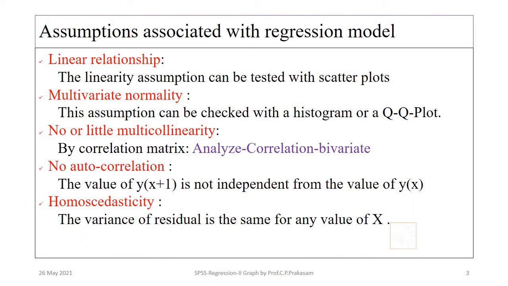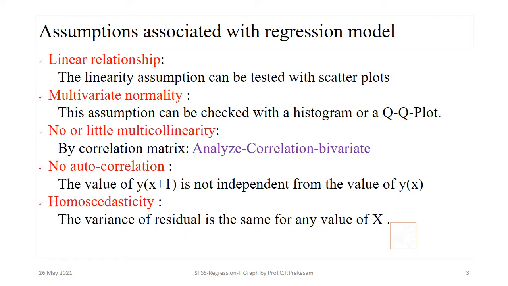Following are the assumptions associated with regression models: linear relationship, normality, no or little multicollinearity, no autocorrelation, and homoscedasticity.